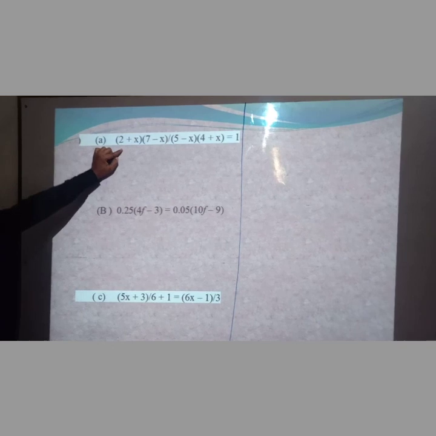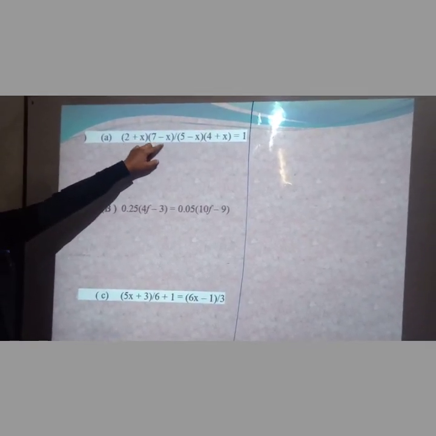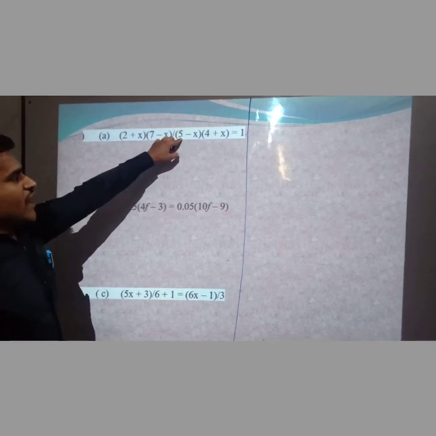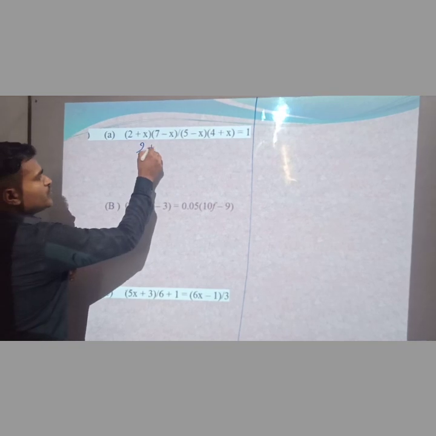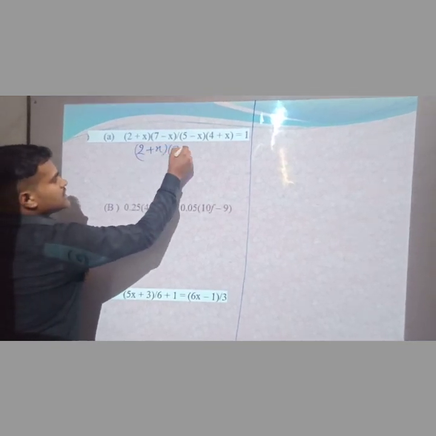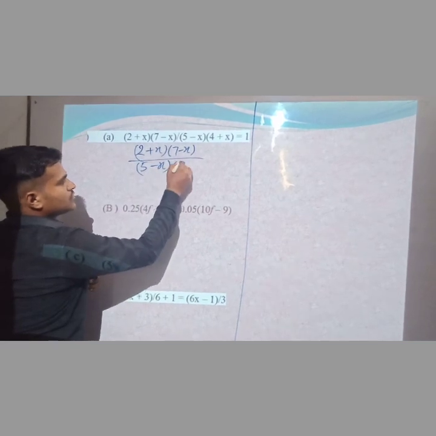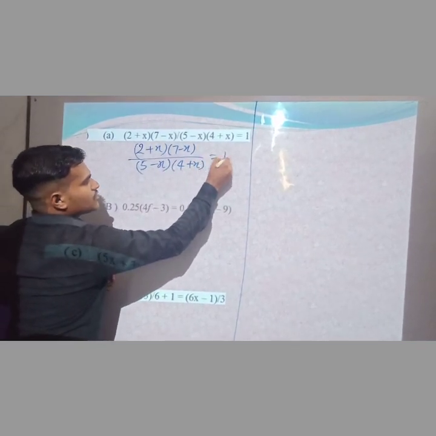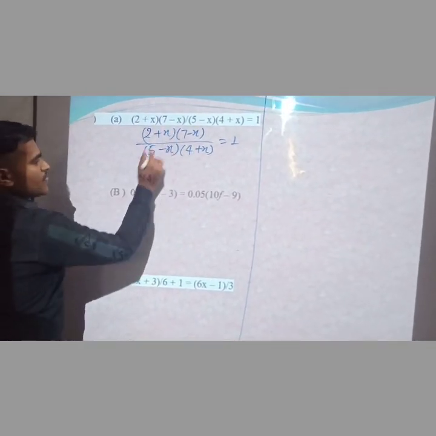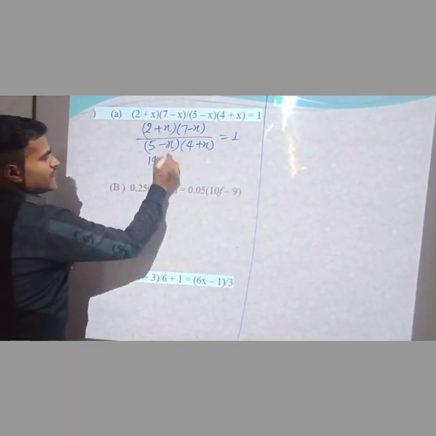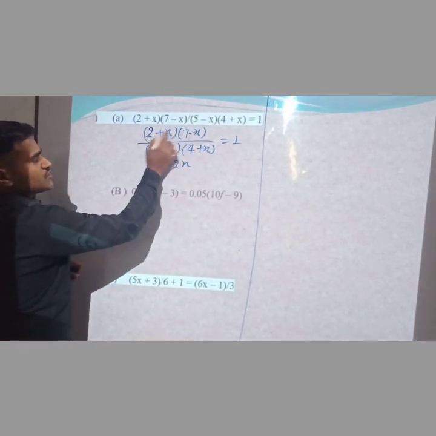Okay. Third question is given that 2 plus x into 7 minus x upon 5 minus x into 4 plus x is equal to 1. So multiply it. What we get? 2 sevens are 14 minus 2x. 2 multiplied by minus x, so minus 2x.